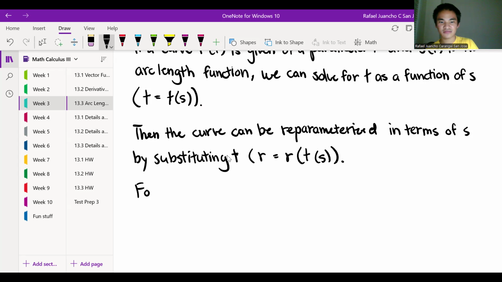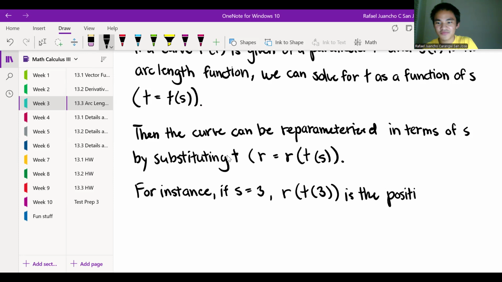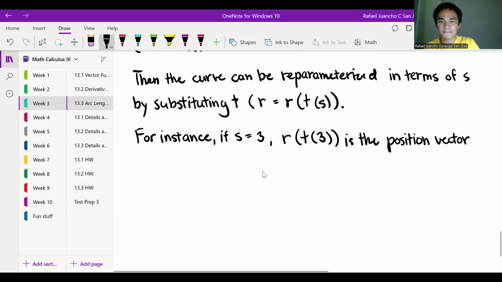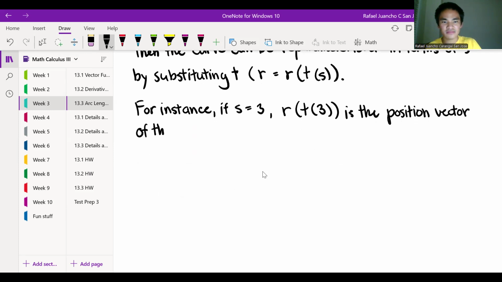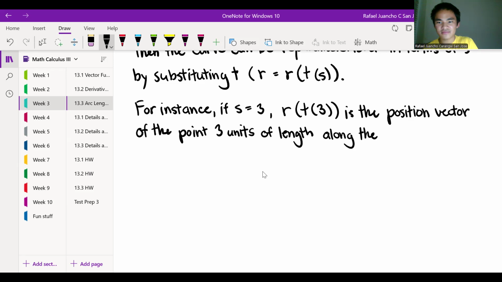So for instance, if S is 3, then R of t of S, in this case t of 3, gives us the new position vector of the point 3 units of length along the curve from its starting point.